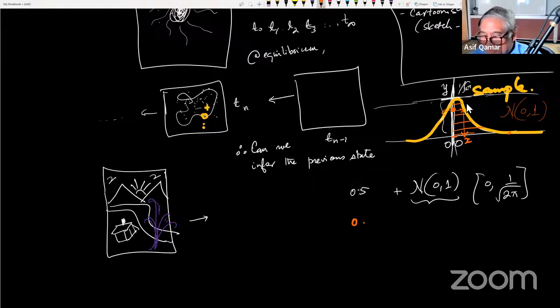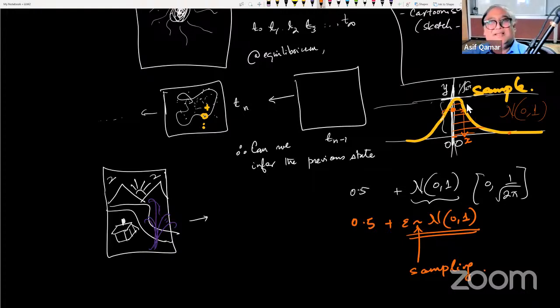So you take 0.5 plus this small value which has been sampled, and this is the notation. And guys, in preparation for the next course, which is more mathematical, can I use this notation? Is it now obvious what I'm doing? This symbol is the symbol for sampling. And what does sampling mean? What I just showed you: pick from a distribution. You added it here. So now what will happen?